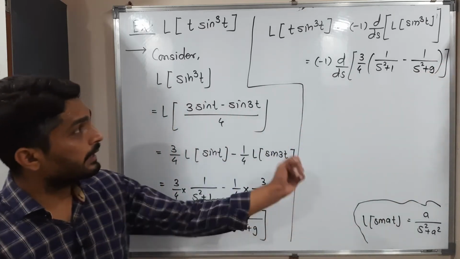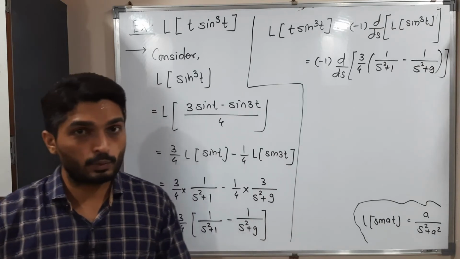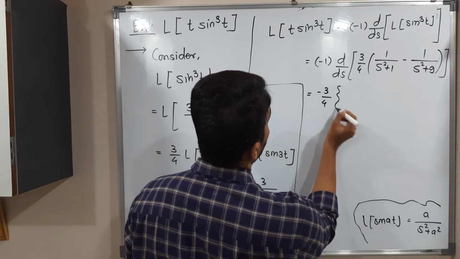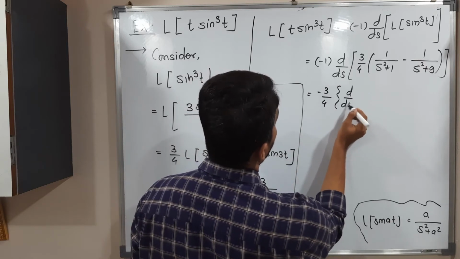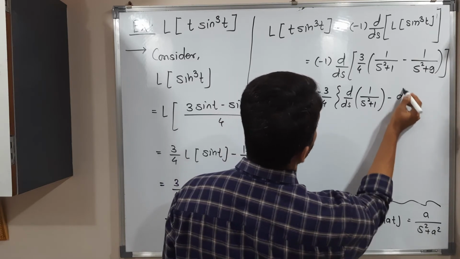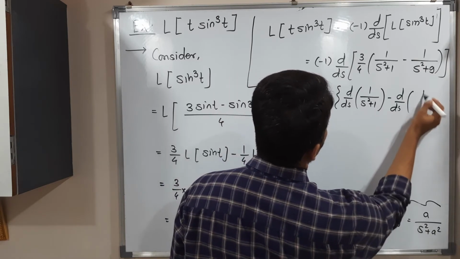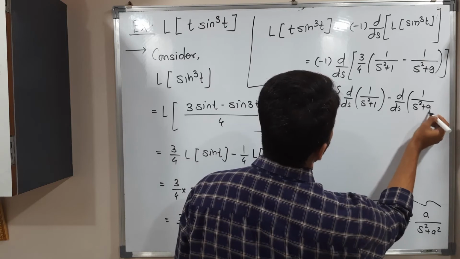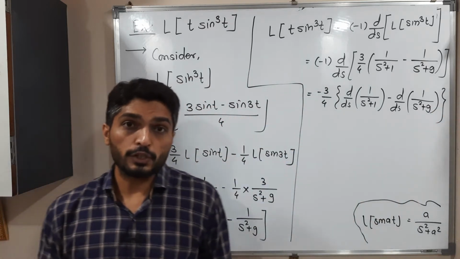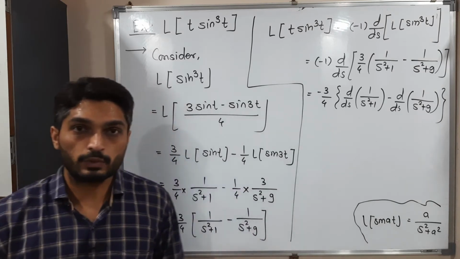So 3 by 4 is a constant, will come outside. So it will be minus 3 by 4, and you can take separate derivative. Derivative of 1 upon s square plus 1 minus derivative of 1 upon s square plus 9. Since when subtraction is there, we take separate derivatives. I have done the same.